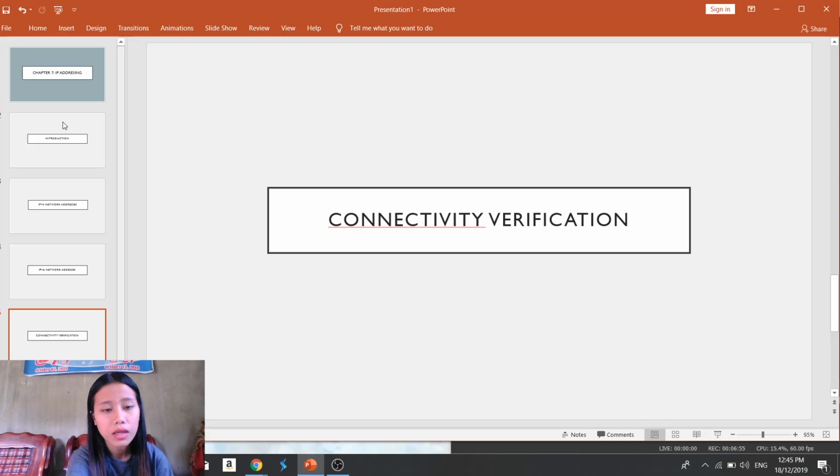For connectivity verification, we have ICMPv4 and ICMPv6. Although IP is only a best-effort protocol, TCP/IP does provide for messages to be sent in the event of certain errors. These messages are sent using the services of ICMP.